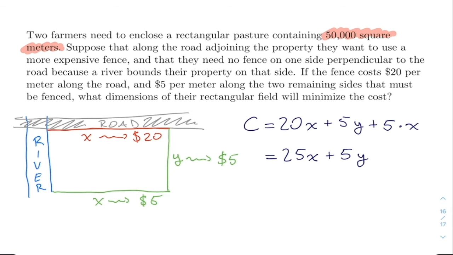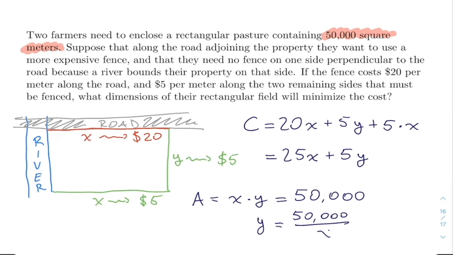That means that the area, which is equal to X times Y, has to be equal to 50,000. From this, we can obtain that Y is equal to 50,000 divided by X.